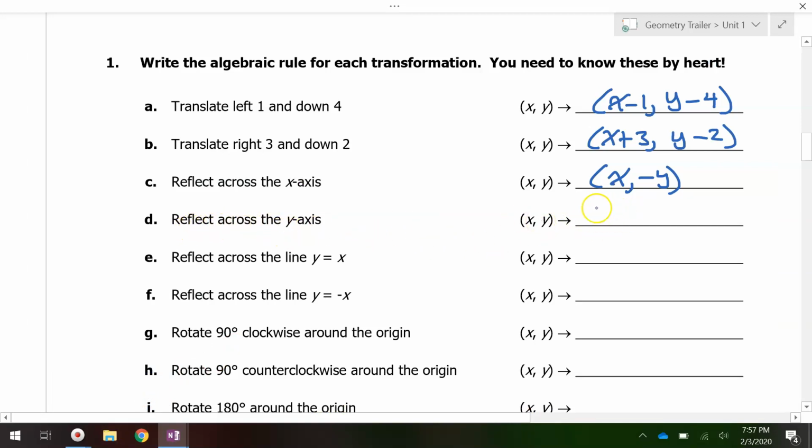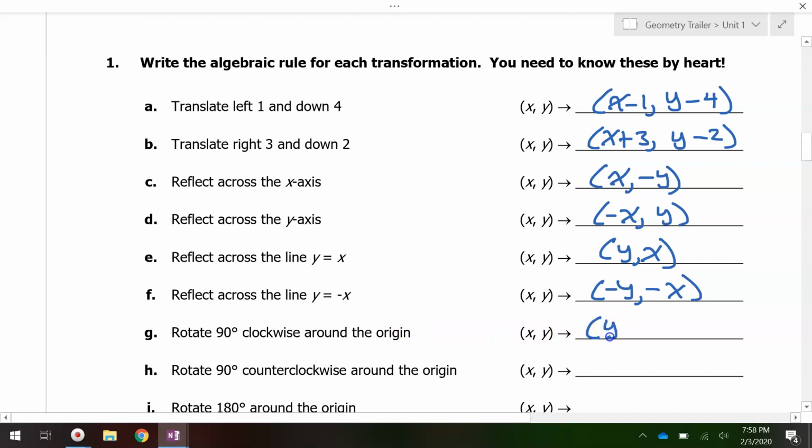Reflect across the y-axis. That's going to be opposite of x, comma, y. Reflect across the line y equals x. That's y, x. Reflect across the line y equals negative x. That is opposite of y, opposite of x. 90 degrees clockwise, you say.